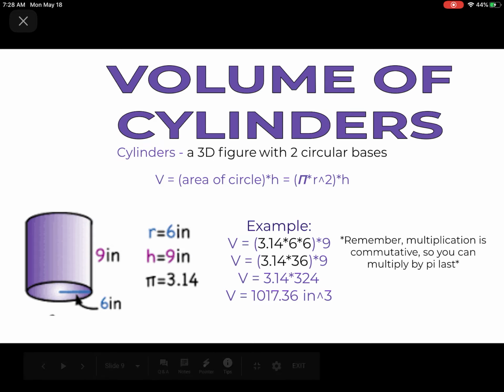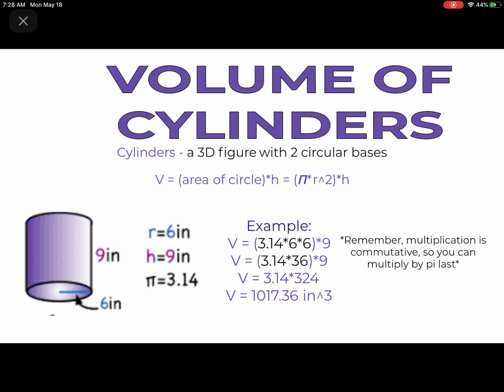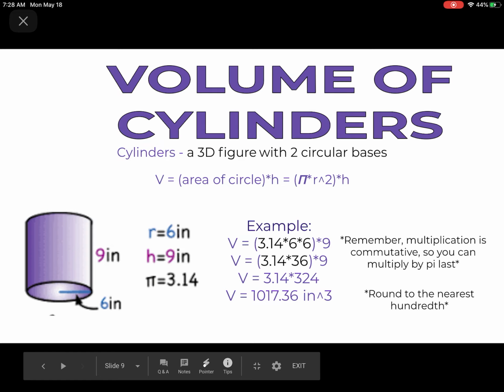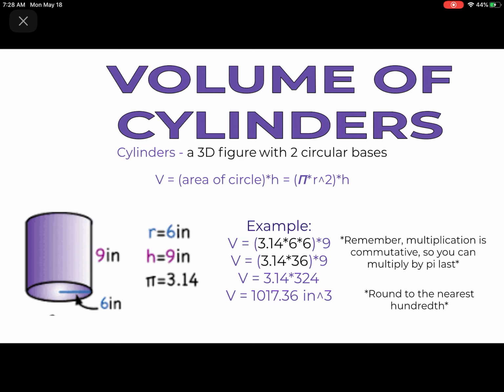So you can multiply by pi last. It's not that big of a deal. So 36 times 9 is 324 times my pi, 3.14. I'll multiply that out. 1,017.36 inches cubed. Wait, I always want you guys to round to the nearest hundredth. That way you can get as accurate as possible without having to worry what I'm asking for.